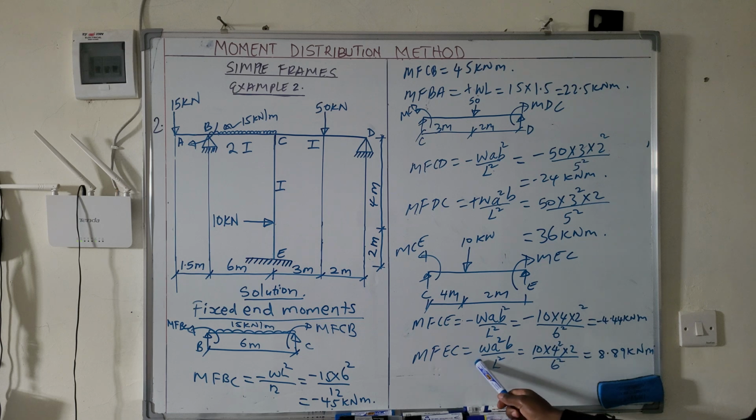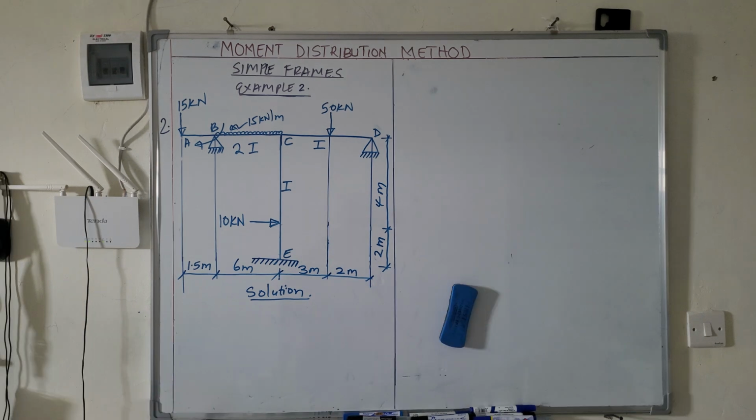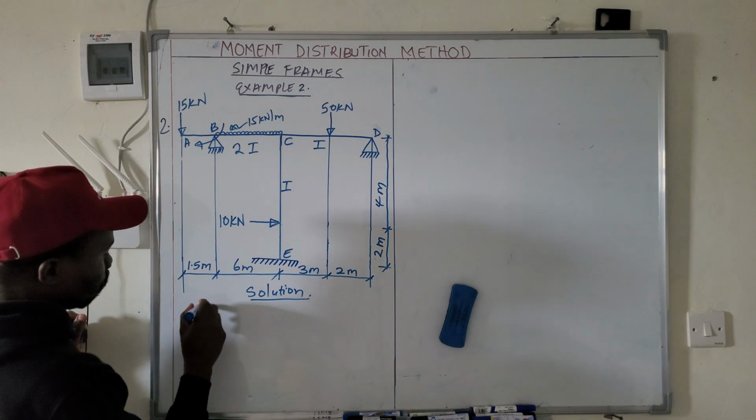MFEC is equal to WA square B over L square, which is equal to 10 times 4 square times 2 over 6 square, which is 8.89 kilonewton meter. We proceed to stiffness factors.